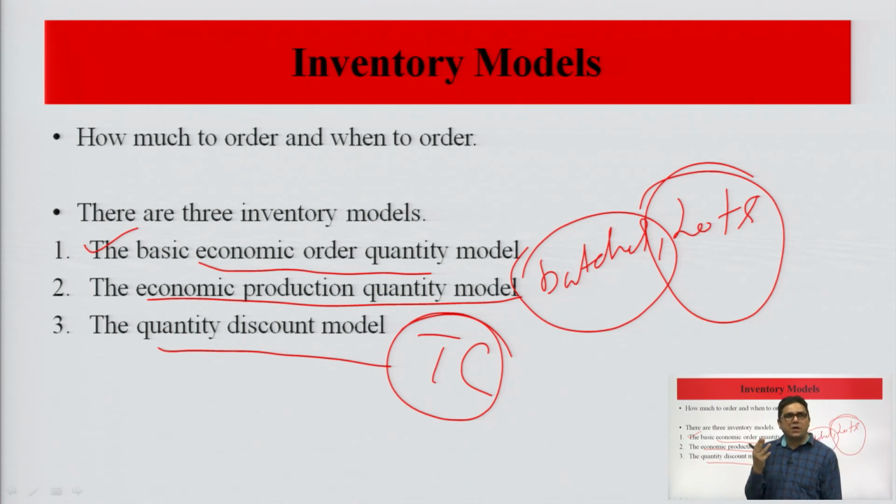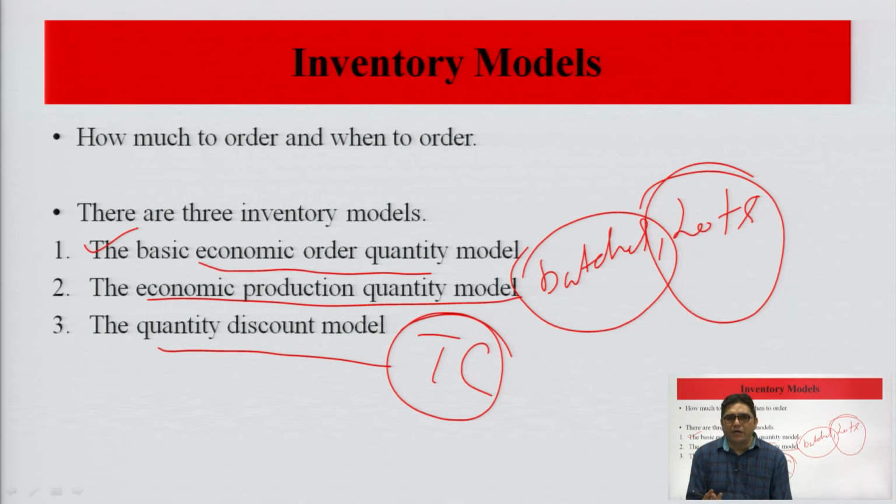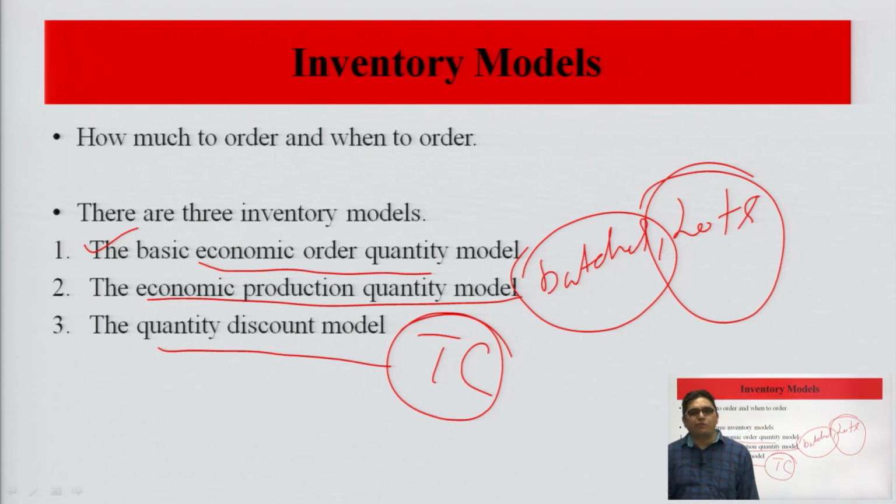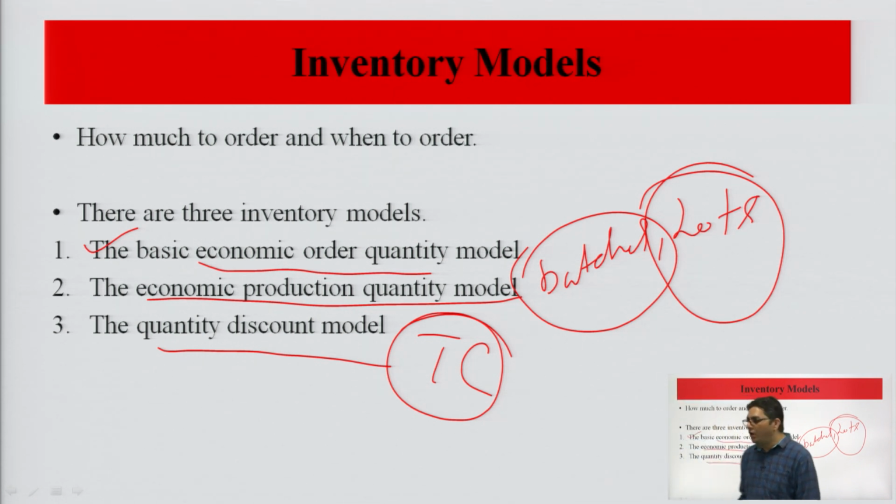The first is basic economic order quantity, where we try to obtain the optimum number of how much we have to order, which is more economical and feasible. Next is the economic production quantity model, for organizations that do not follow a continuous manufacturing system and manufacture in batches or lots: how many lots they need to produce so that it does not impact operations or inventory much.